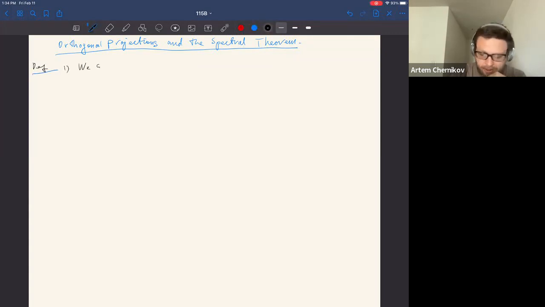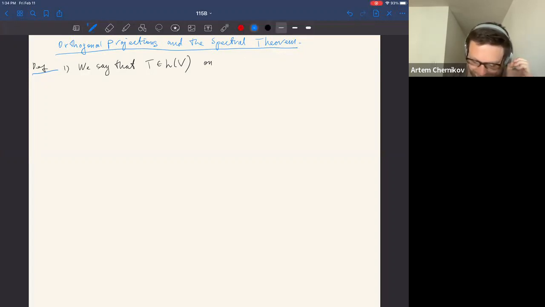We say that a linear operator T on some inner product space V. In fact, for this part, a vector space is fine. We don't even need an inner product for this part yet, but you'll see. So we'll say that such a linear operator is a projection on W1 along W2. Oh, I forgot to write the word projection, excuse me.